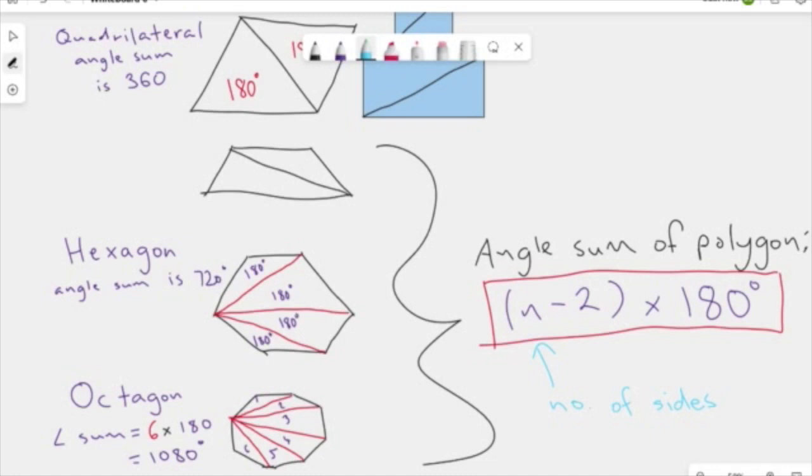Because the amount of triangles we make in there is always 2 less than the number of sides of the shape. Hence this n minus 2. That whole n minus 2 is just the number of triangles. So that's a little handy way to calculate these angle sums of really big shapes.